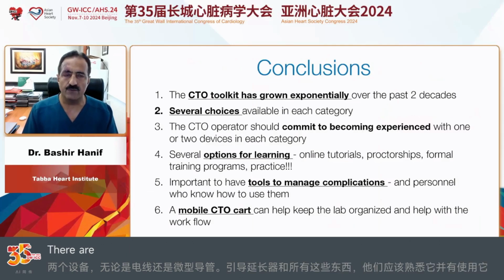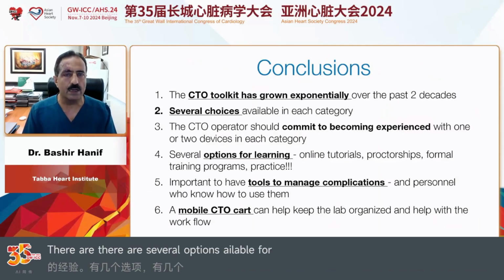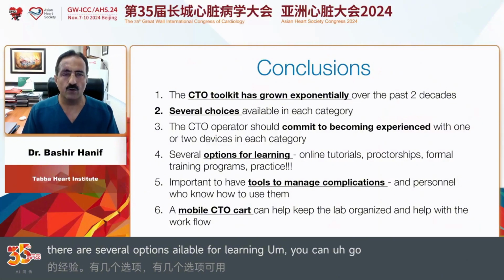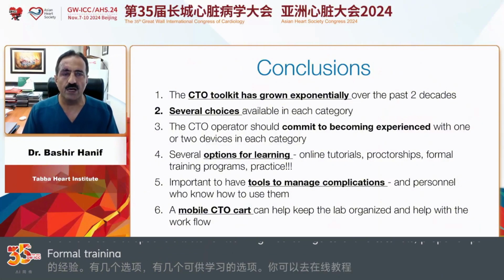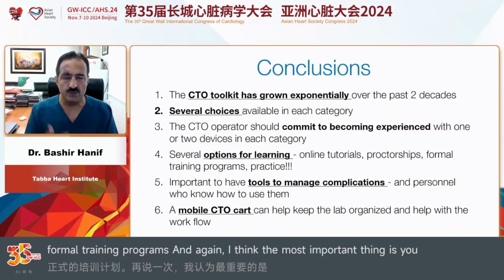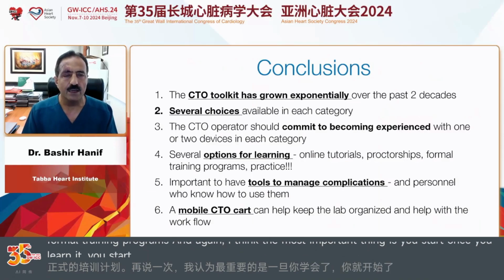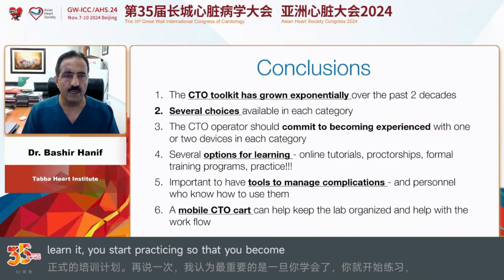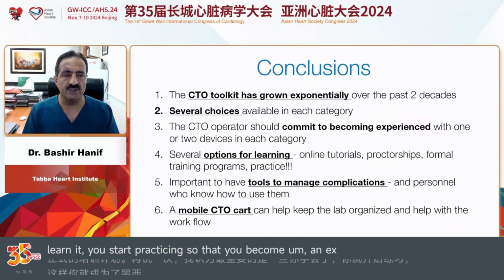There are several options available for learning. You can go to online tutorials, proctorships, or formal training programs. And again, I think the most important thing is that once you learn it, you start practicing so that you become expert and familiar with everything.